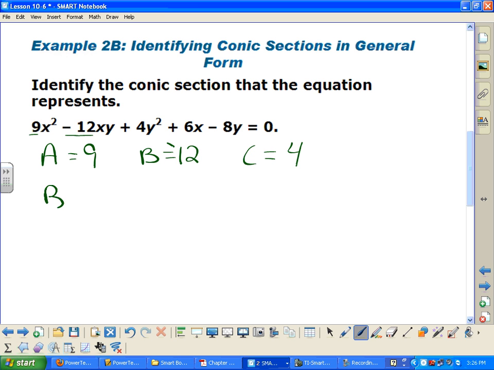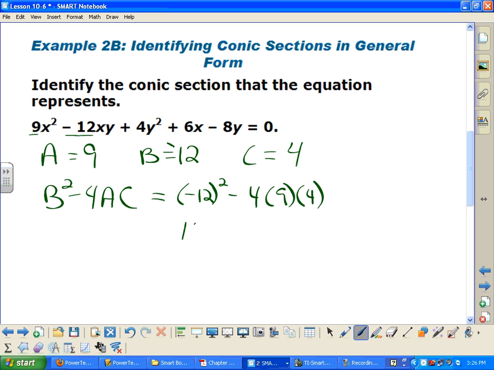So we do our b squared minus 4ac again. One thing you notice that is different between this and the discriminant with the quadratic formula is that here we're using capital letters and there we use lowercase letters. So we do negative 12 squared minus 4 times 9 times 4.